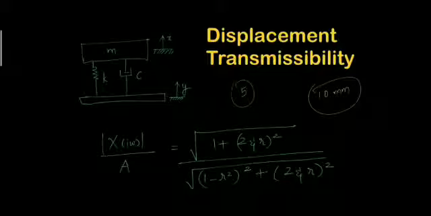Then it's a pretty bad situation because your jet engine is vibrating with an amplitude of 10 mm. Then this particular portion where your passengers are sitting, it will see an amplitude of 50 mm. That portion will also vibrate but with a much larger amplitude.